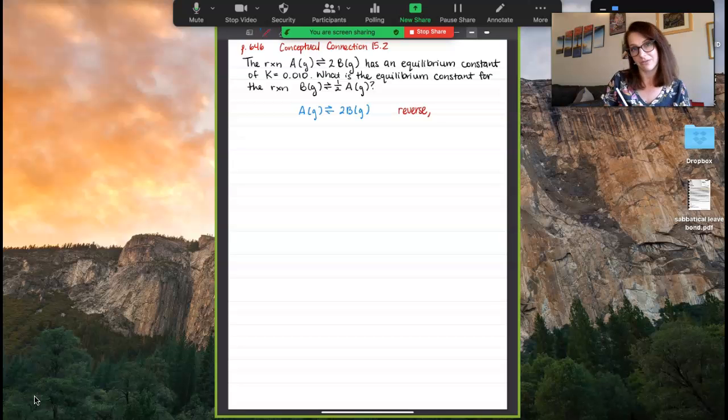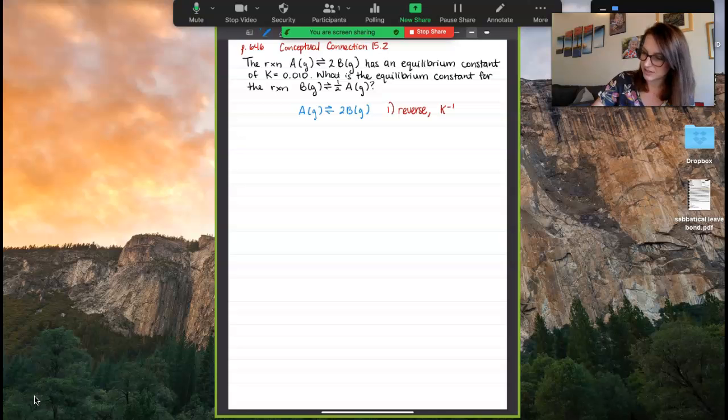So if we were to reverse the reaction, then we take the equilibrium constant and we inverse it. And so that's the first order of business. And you can do these in different order. I just decided to reverse it first. If you decide to multiply it by 1/2 first, that's okay as well, which is the next thing we would need to do.